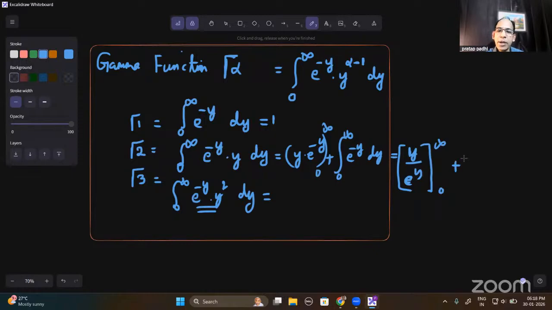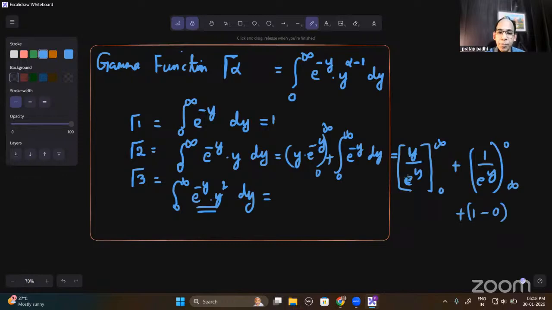Again, you have to integrate. So e to the power minus y by minus 1 will be 1 by e to the power y. And minus 1 is here anyway, so I will change this. If you put 0, e to the power 0 is 1, 1 by 1, so this will be 1 minus 0. You got it?